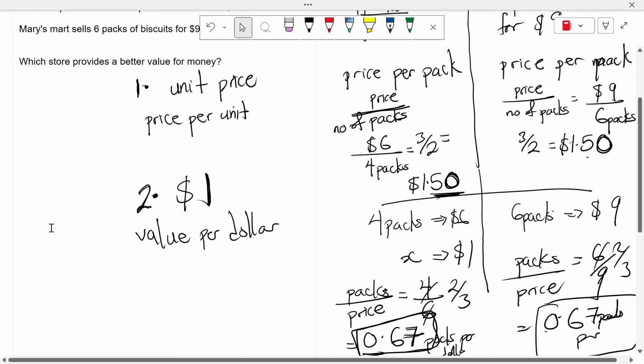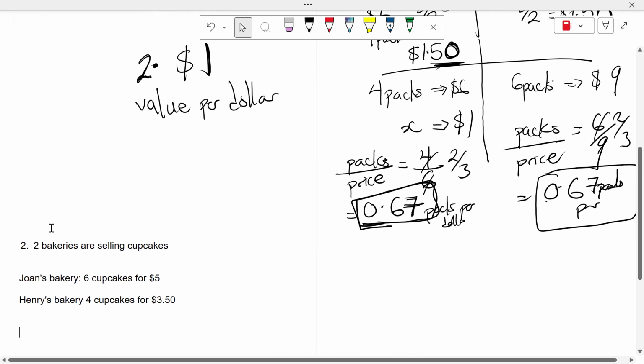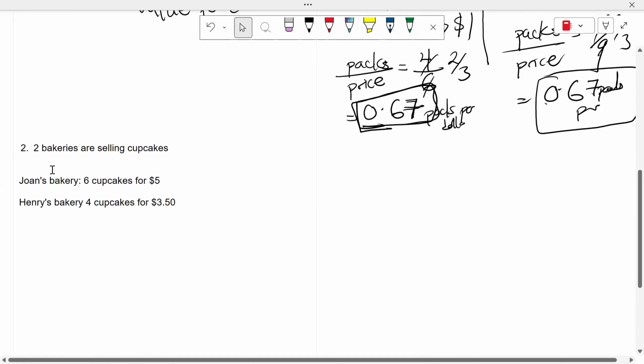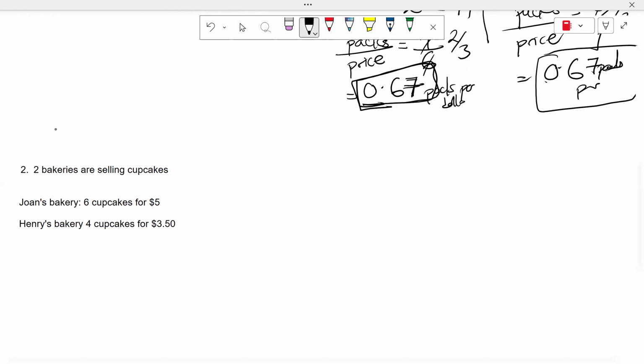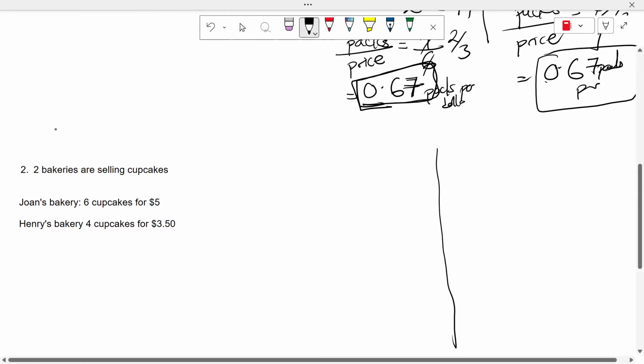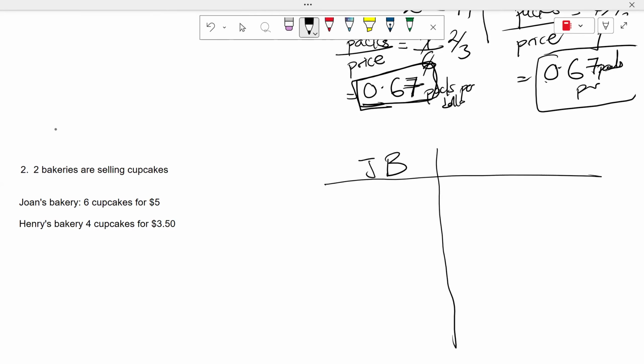Okay, so let's go to number 2 quickly. Two bakeries are selling cupcakes. So again, I'll just draw a table to differentiate them. We have Joanne's Bakery, JB, and Henry's Bakery.